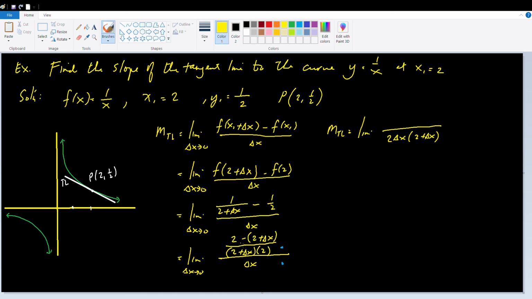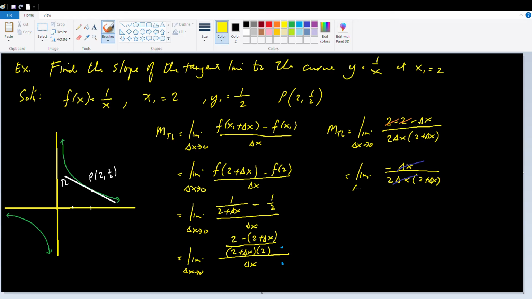And then the numerator is 2 minus 2 minus delta x, as delta x approaches 0. So 2 minus 2 is 0. What remains there is negative delta x over 2 delta x times 2 plus delta x, and delta x will again cancel.